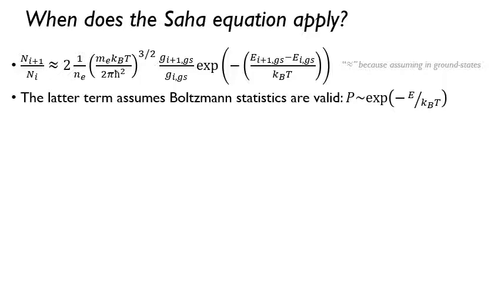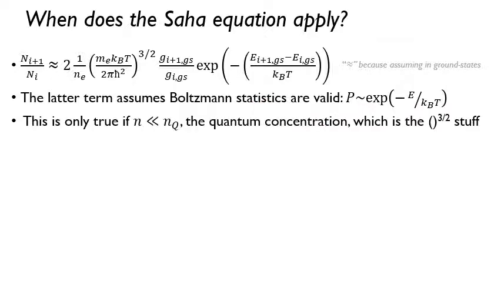So if you assume that Boltzmann statistics are valid, then your probability of being in a given energy state is going to be proportional to the exponential of the energy of that state divided by kT. So k is the Boltzmann constant there. So we're assuming that Boltzmann statistics are valid, that you have a classical scenario and not a degenerate environment.